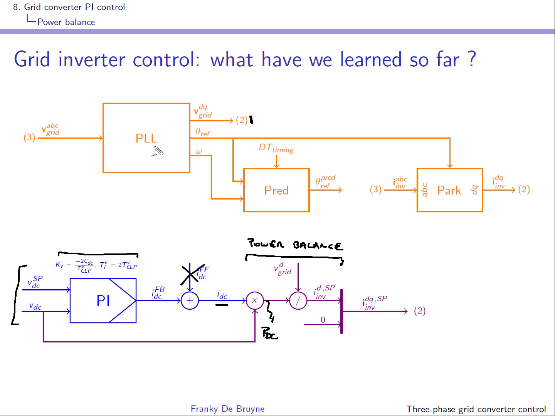You could take your grid voltage D component from this signal over here, but don't forget that this is coming from the PLL, so it takes some time for the PLL to track the actual V grid. So there will be a transient, and during the transient this D component will not be correct. So I advise you to use 230 volts times the square root of 2 for this D component of the grid voltage.